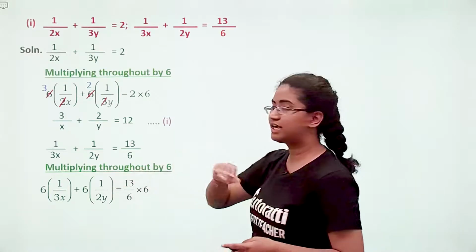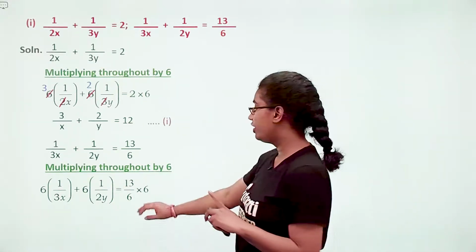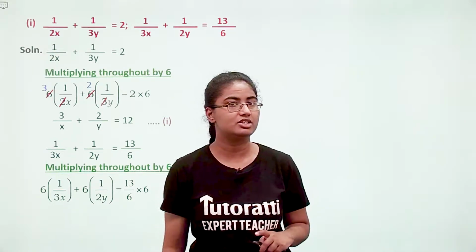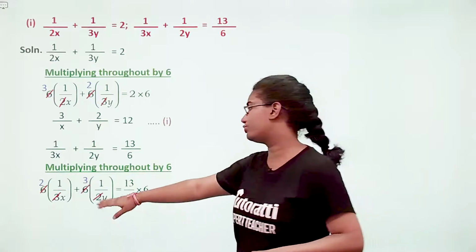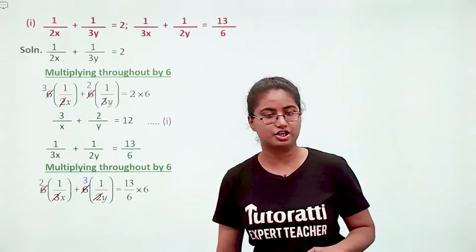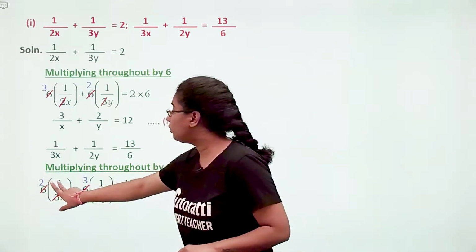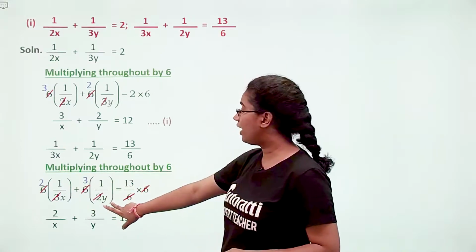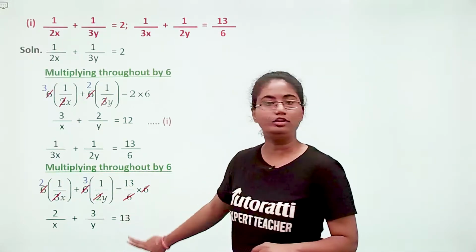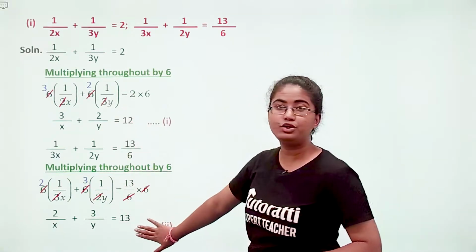So you have 6 times 1 upon 3x, 6 times 1 upon 2y is equals to 13 upon 6 times 6. 2 ones are 2, 3 twos are 6. 6 and 6 get cancelled out. 2 into 1 upon x, 2 upon x. 3 into 1 upon y, 3 upon y and 13. Alright. अभी ये हमारे standard equations हो गए 1 and 2.